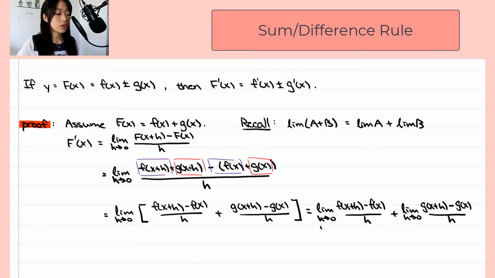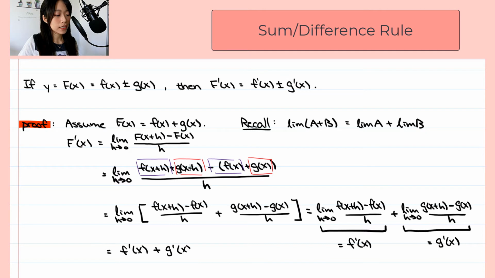And by the definition, the first term here equals the derivative function of f of x. And the second term here, by the definition of derivative function, equals the derivative of g of x. So this equals the derivative of f of x plus the derivative of g of x. So now we just proved the sum rule.